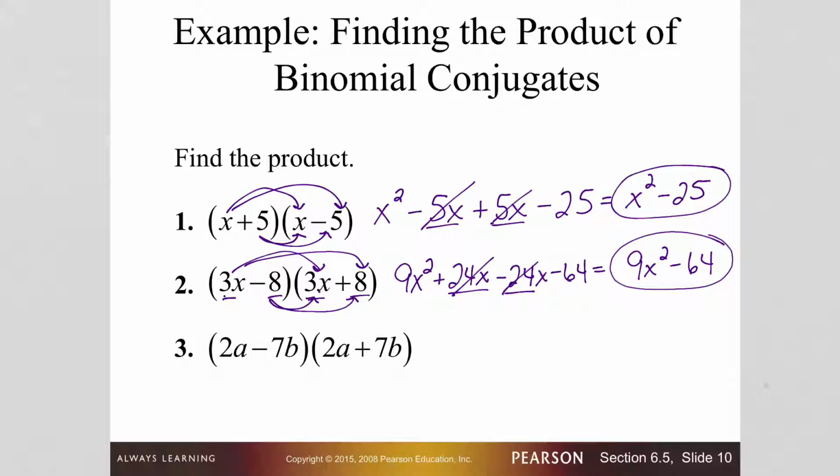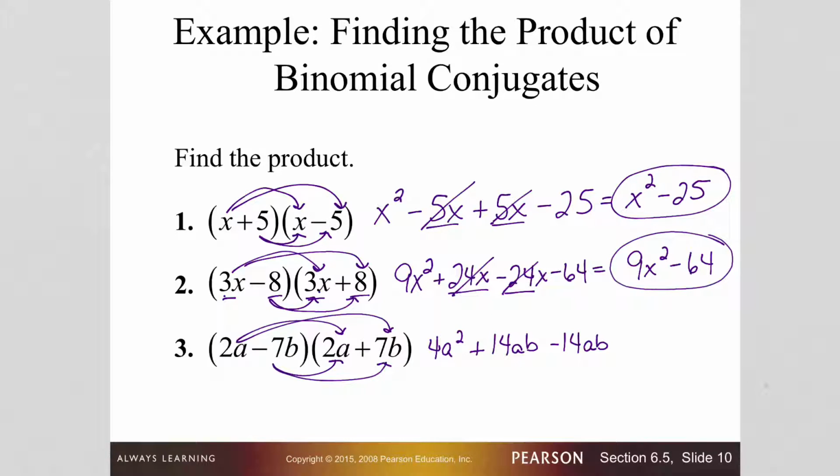Alright, let's look at this last one. Again, we have a conjugate pair. 2a times 2a is 4a squared. 2a times 7b is a positive 14ab. Now I've got a negative 7b times 2a, which is a negative 14. You could put ba, but typically we write them in alphabetical order, so I'm going to put ab.